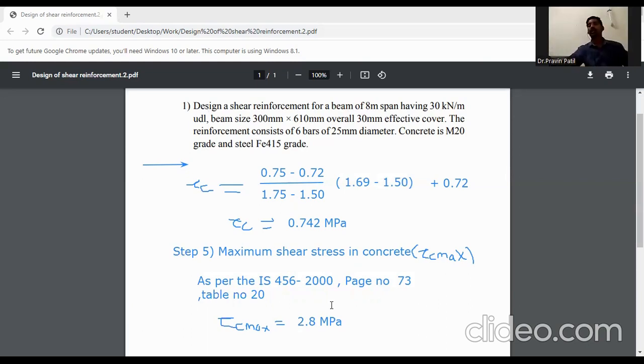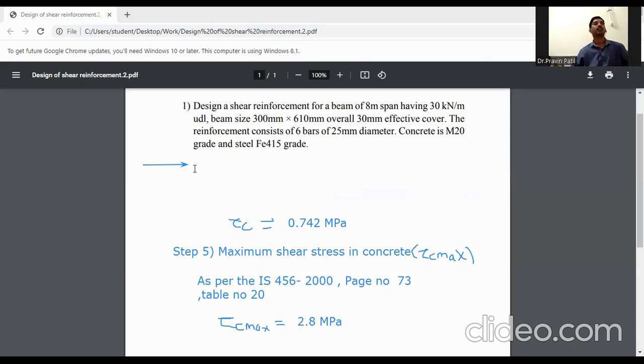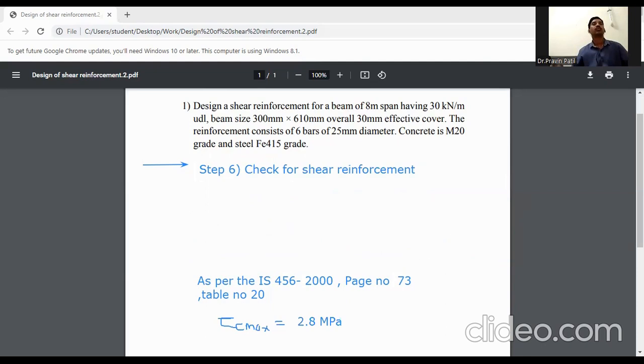Then step number 6, check for shear reinforcement. For that, we know all these values.